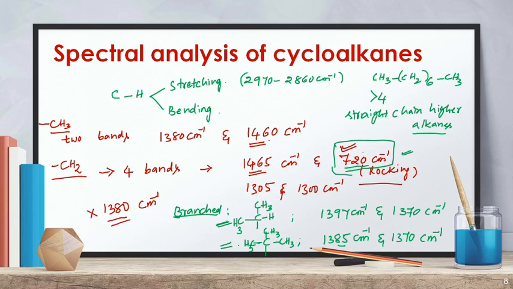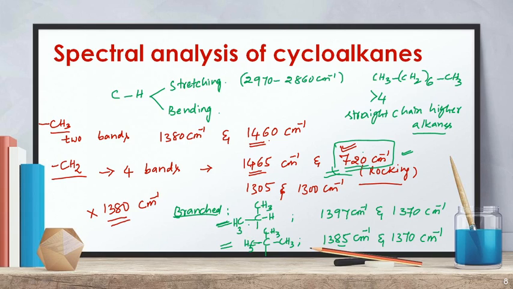That can be found out by the 720 peak. The 720 peak gives the information that the compound must be a higher alkane. If the 720 peak is not found in your spectrum, then it may be a lower alkane or a branched alkane.